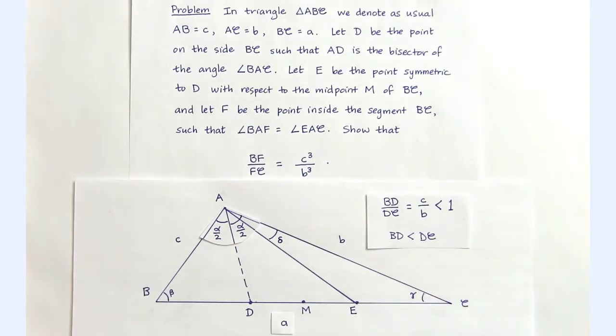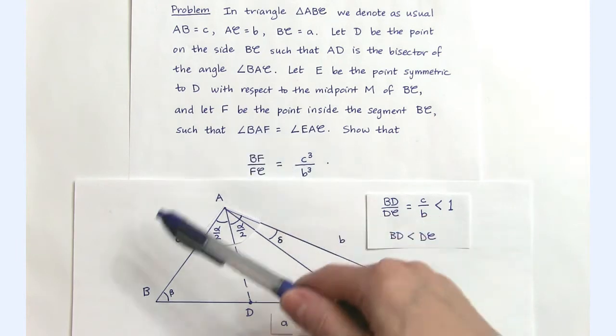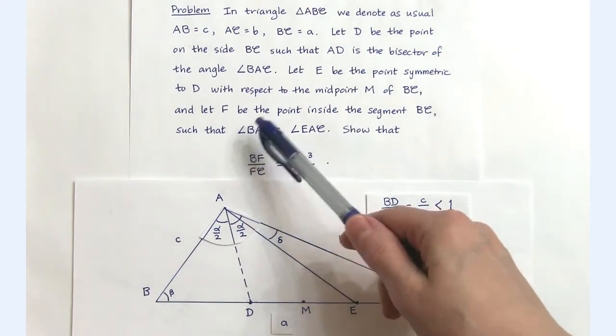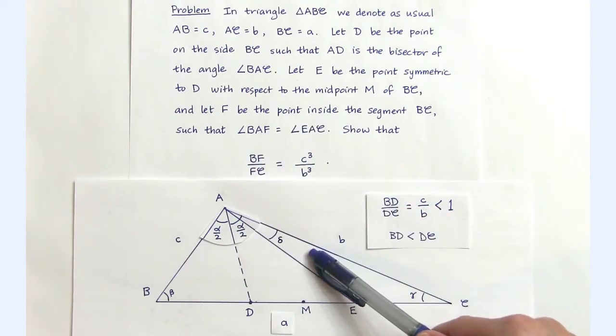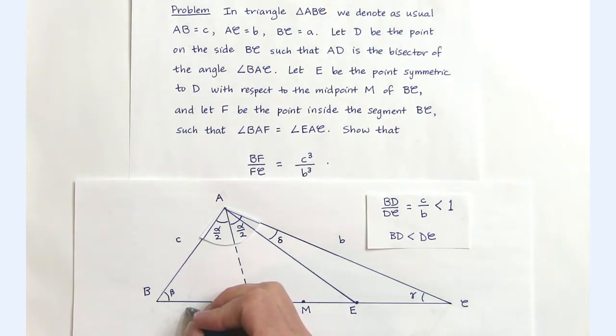And so when I'm asked to find another angle, BAF, so I'm trying to find BA and where's F, where that angle is equal to delta, then I know that my point F is going to be over here to the left of D, like this.